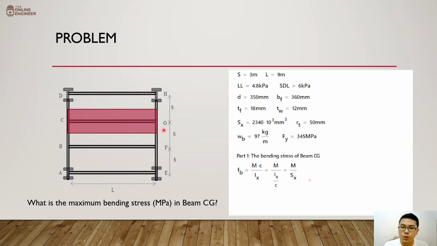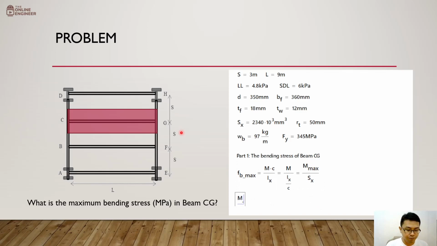Okay, so we need M, or the moment, acting on our beam CG. So since we want to have the Fb maximum, then that means we should also get the maximum possible moment in our beam.